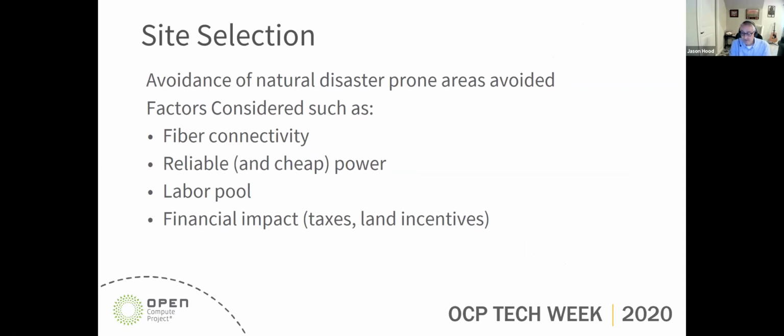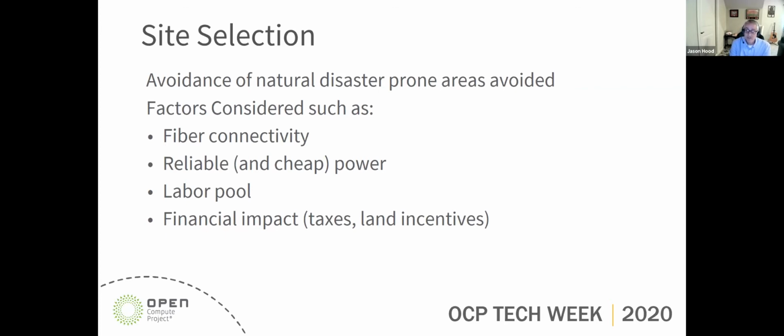Site selection, obviously. If you can choose a site that is less prone to natural disasters, that would be an obvious choice if you can. But natural disasters or risk factors such as these are not the only consideration when you're trying to select a site. Other things that are taken into consideration are the actual fiber connectivity, and what is the availability of that.